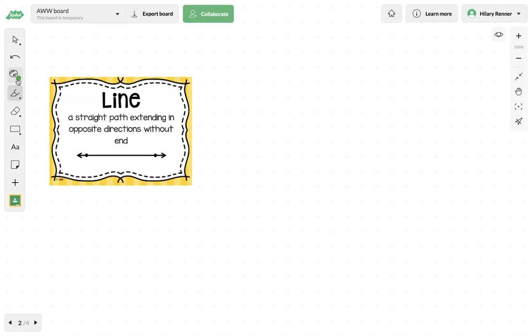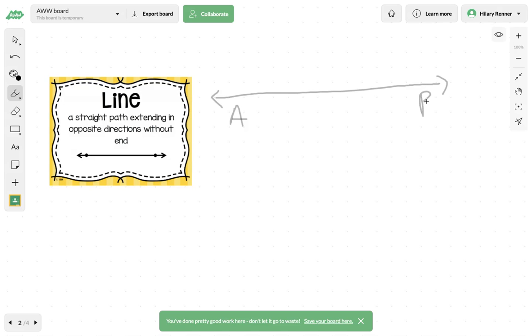So we can draw a line, and it's also labeled with letters generally. It is a straight path, but it could be going up and down. It can go at an angle, a slant. So it goes on and on for infinity in both directions. So we would label this line AB.